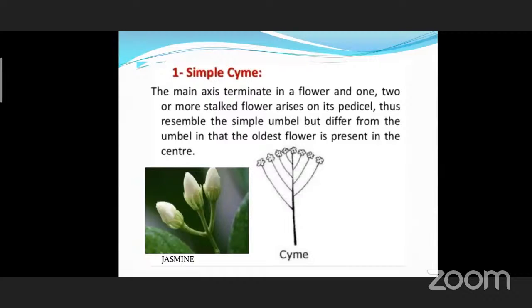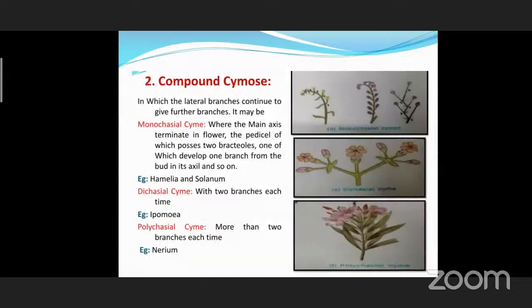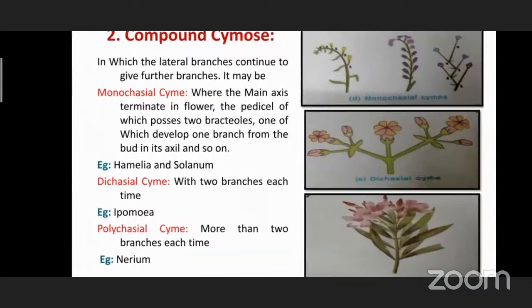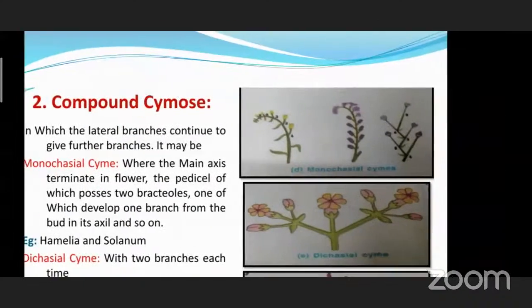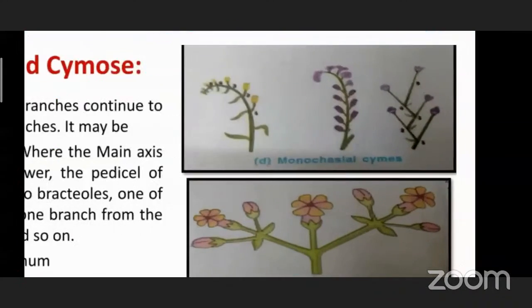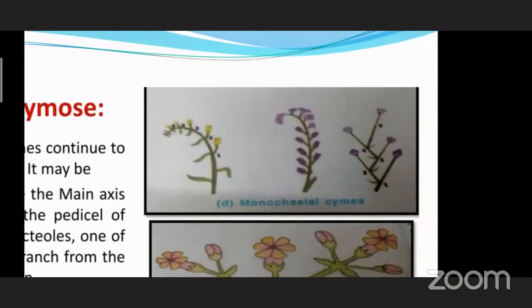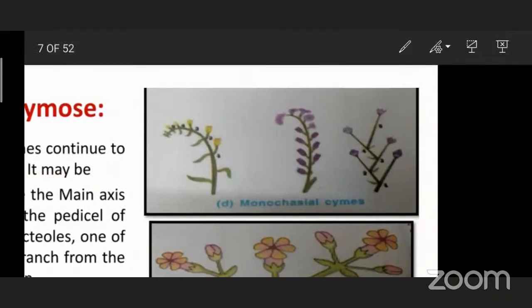And second one, cymose inflorescence, that is compound cyme, in which lateral branches continue to give further branches. It may be monochasial cyme, dichasial cyme, and polychasial cyme. Let us discuss first one, monochasial cyme.